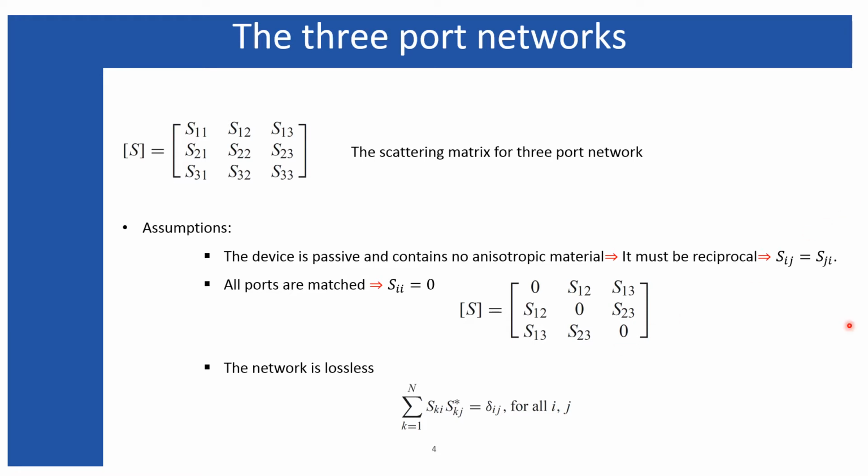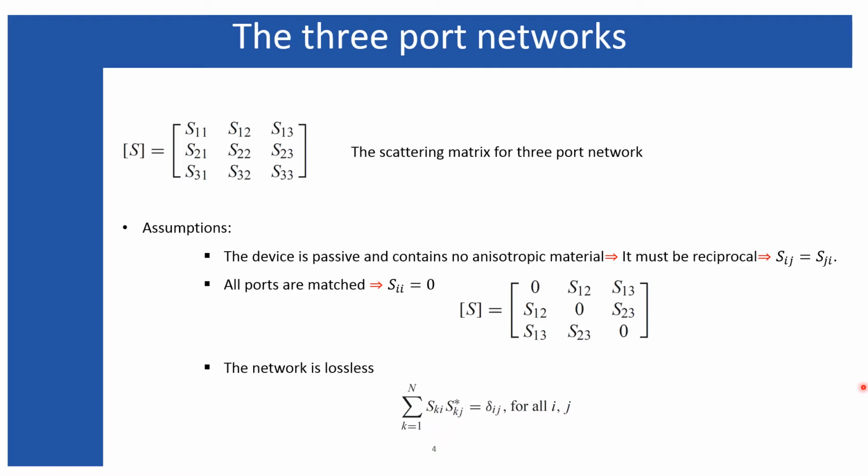The last one is the lossless network, and from the properties of the S matrix we have derived the condition for a lossless network. This represents the power at the kth port when the excitation is at the ith port. If j is equal to i, then the summation over all k ports will be 1.